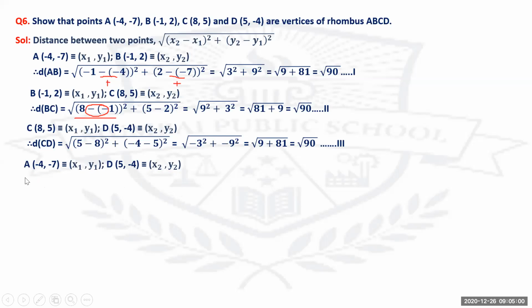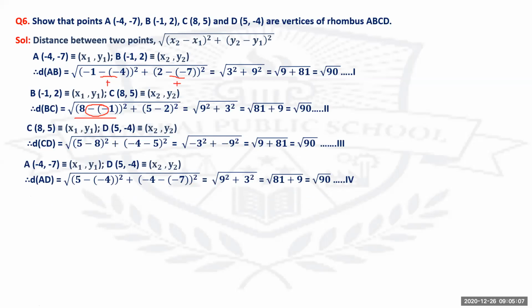Now we'll find the length of the last side, that is AD. Distance of AD is given as under root of (5 minus of -4) the whole square plus (-4 minus of -7) the whole square. Now check again, these two negative signs will become positive, and here again these two negative signs would become positive.